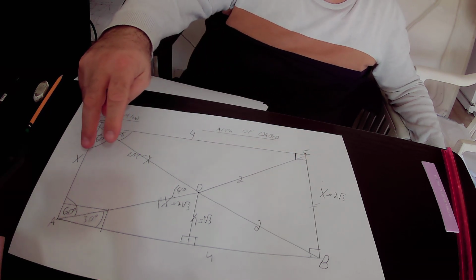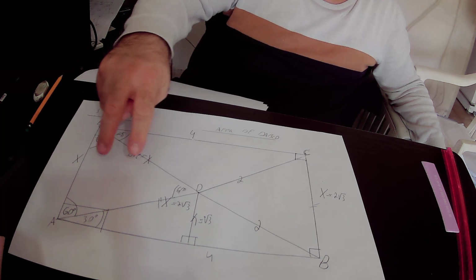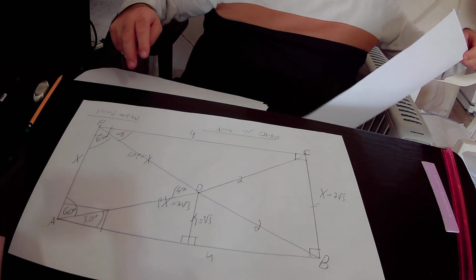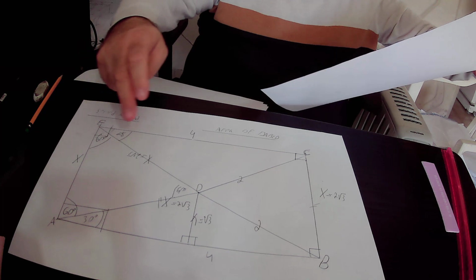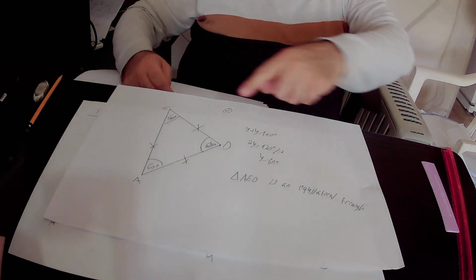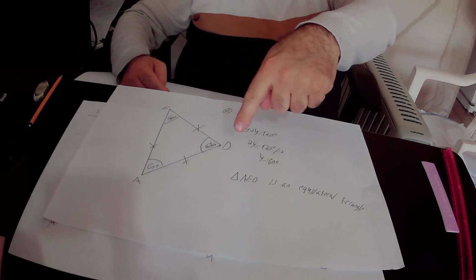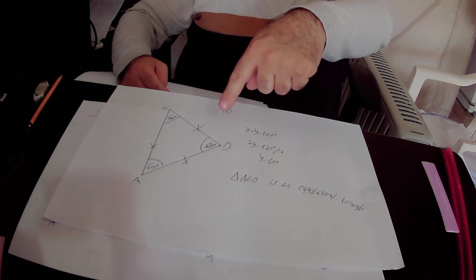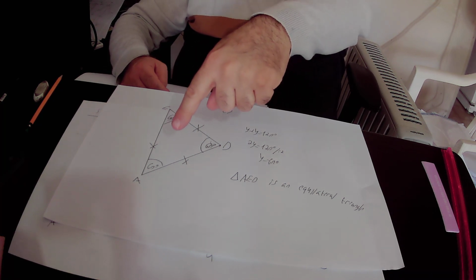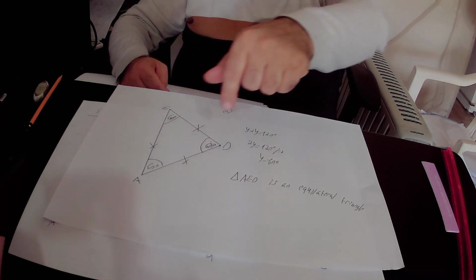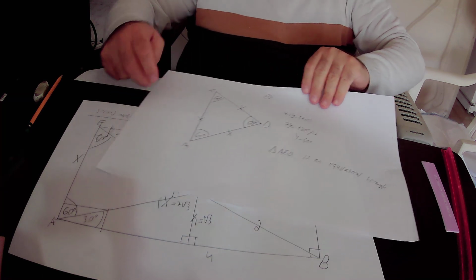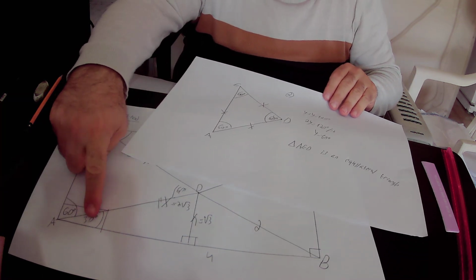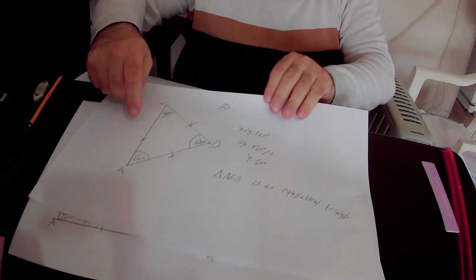So here in triangle AED we have 2 equal sides. AE equals AD, both of them are equal to X, and this angle is actually 90 degrees minus 30 degrees, this angle is 60 degrees.